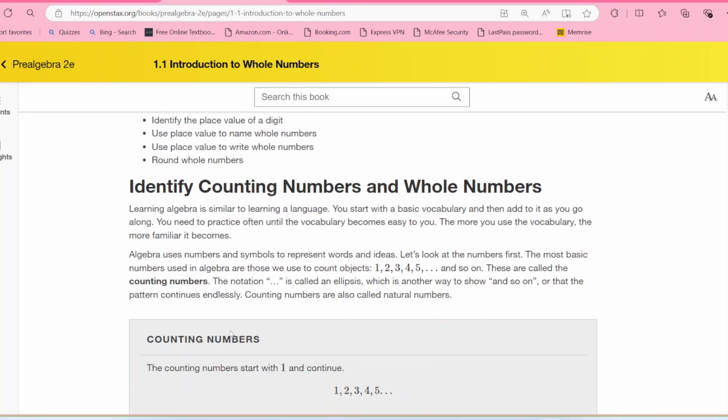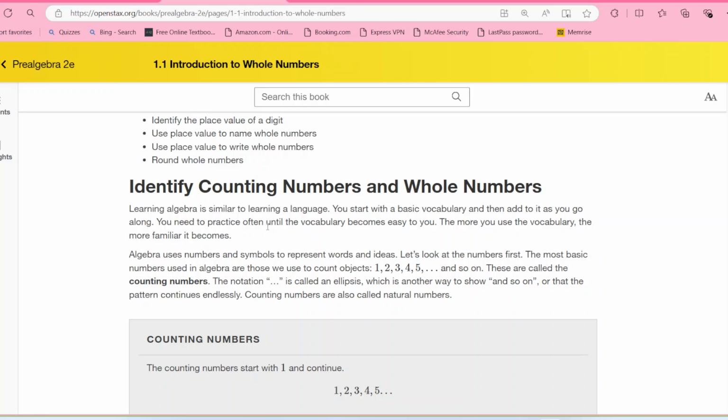So in this video, I'm specifically going through the heading Identify counting numbers and whole numbers. Learning algebra is similar to learning a language. You start with a basic vocabulary and then add to it as you go along.